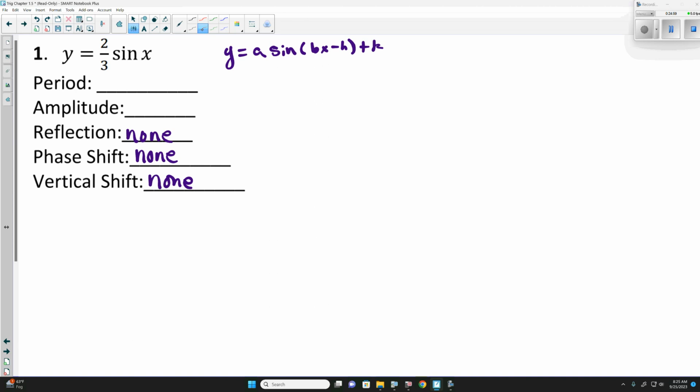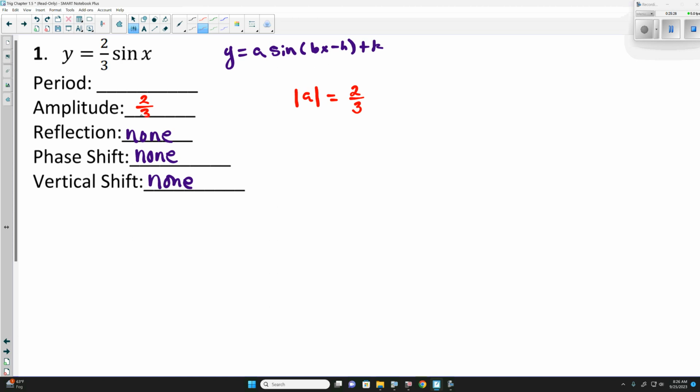Now the amplitude is our absolute value of a, which would be the absolute value of 2/3, or we can just say 2/3. So the amplitude for this is just 2/3.